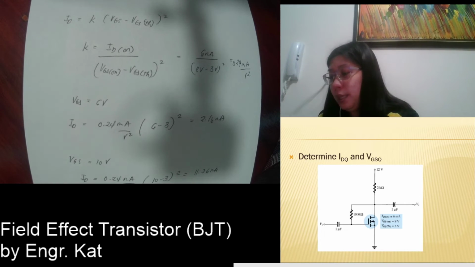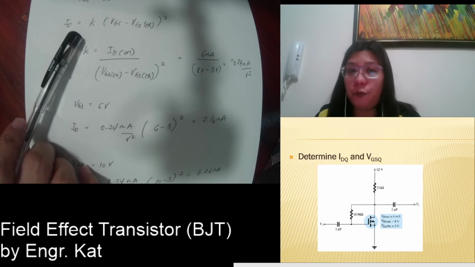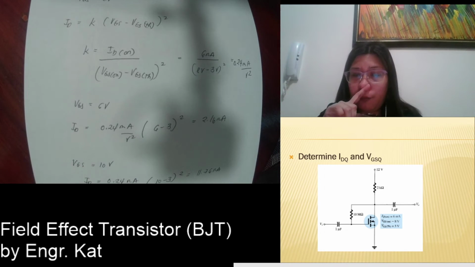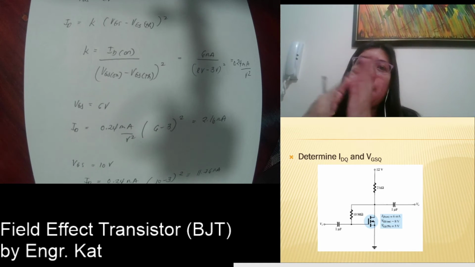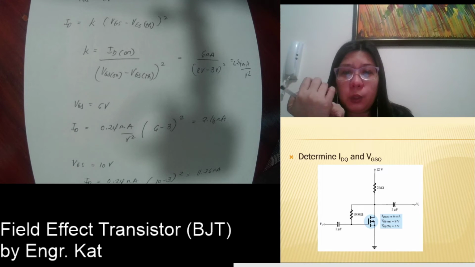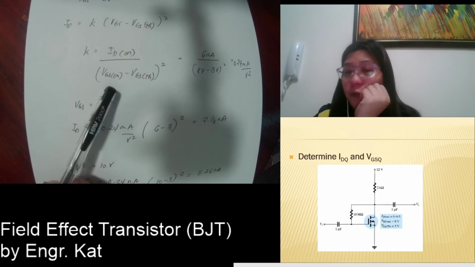So we need to establish first the value of K. We can solve for the value of K because usually K is not given in the specifications, but a certain pair of ID and VGS is given. That is what we call your ID on and your VGS on.